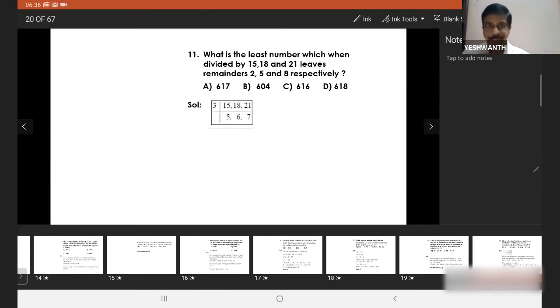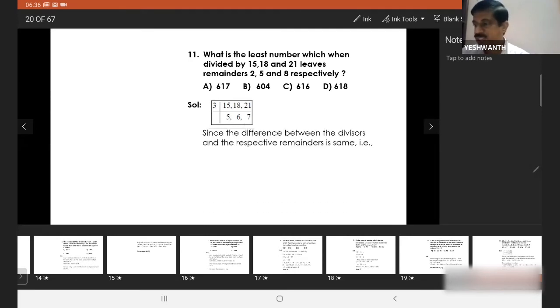So now what is it that we are getting? The difference between the divisors and the respective remainders is the same. Now look at this. 15 minus 2 is 18 minus 5, and that is 21 minus 8. Everything is equal to 13.